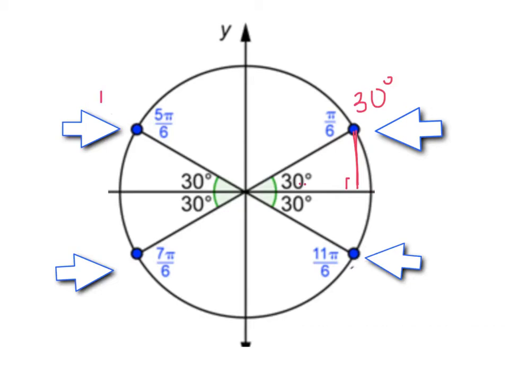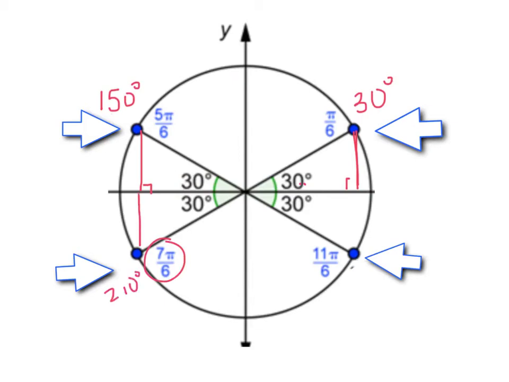5 pi 6 is 150 degrees. But its triangle would be drawn the exact same way. So it would have the same exact reference angle, 30 degrees. 210, which is at 7 pi 6, 210 degrees.